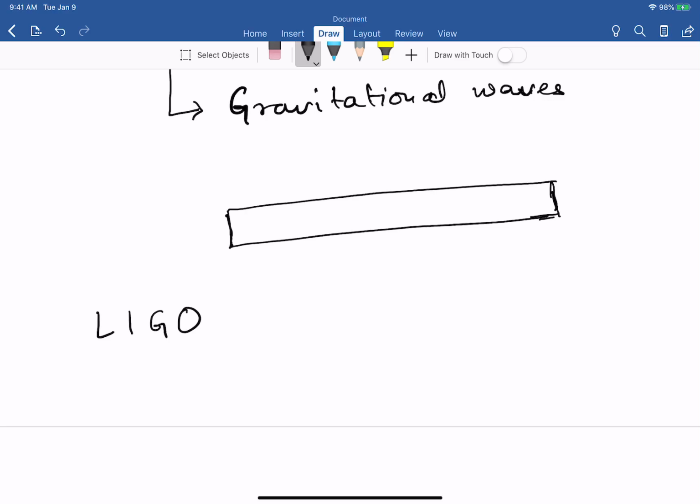To do this experiment carefully, there was one LIGO experiment set up in Washington State and another one set up in Louisiana. On one day in September 2015, the Gravitational Wave Observatory in Washington picked up a signal.